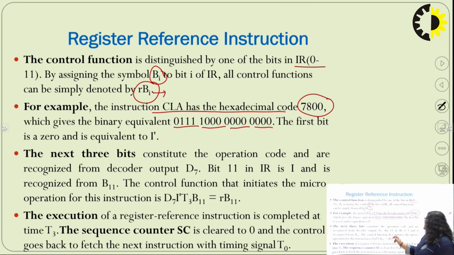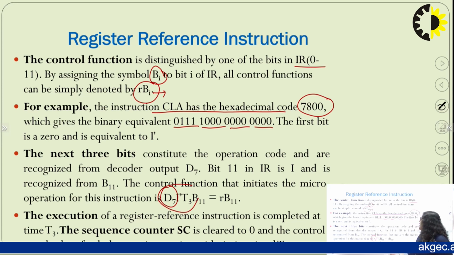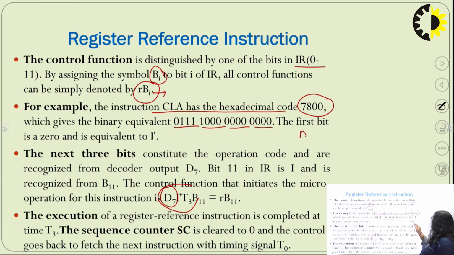The D7 bit is the opcode bit, so it is always high because it is 111. So R represents D7 I complement T3. It is I complement because 0 represents the register reference instruction, while I equal to 1 is defined for the input output reference instruction. So it is defined as D7 I complement T3, and this is denoted as R.